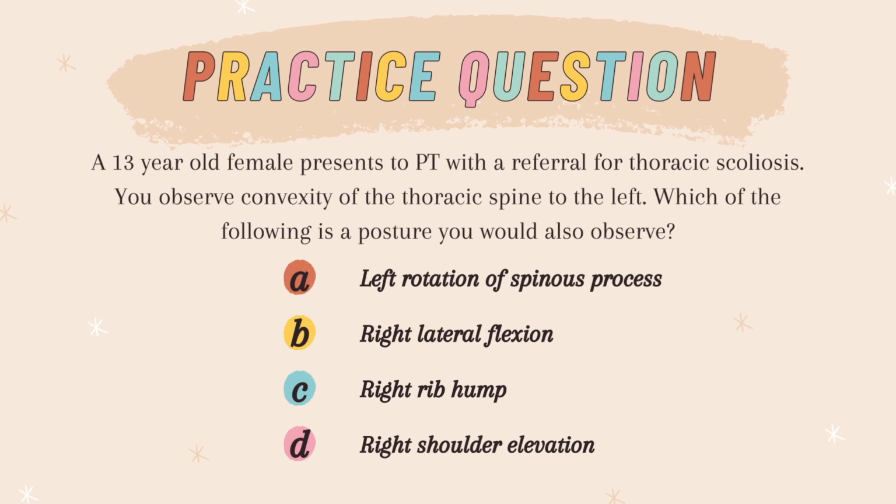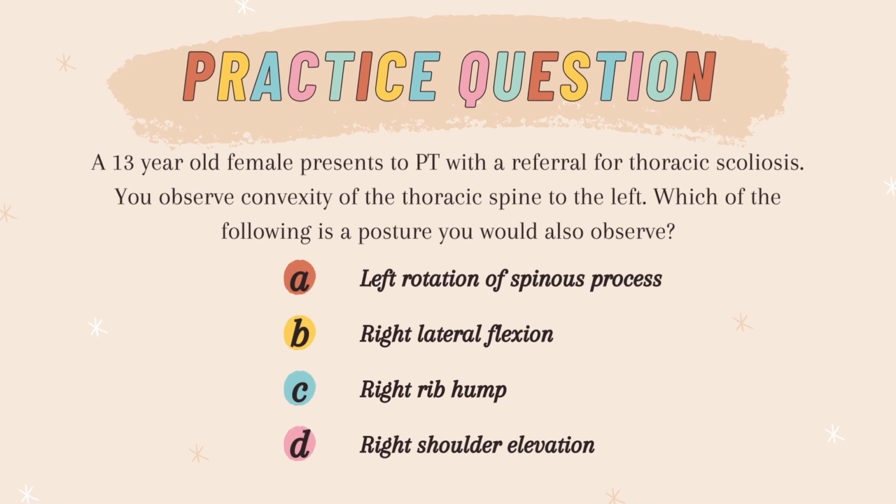So, convexity to the left means it's left thoracic scoliosis. So, breaking it down on convex side versus concave side. On the convex side, you should have left shoulder is elevated. So that takes out D. You should have left rotation of the vertebrae. Not one of the answers.